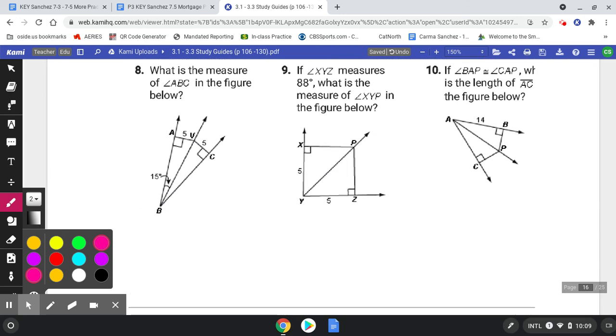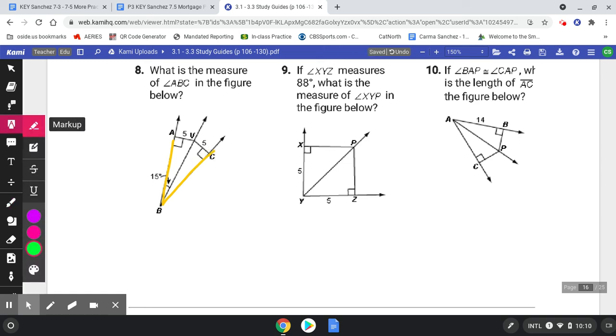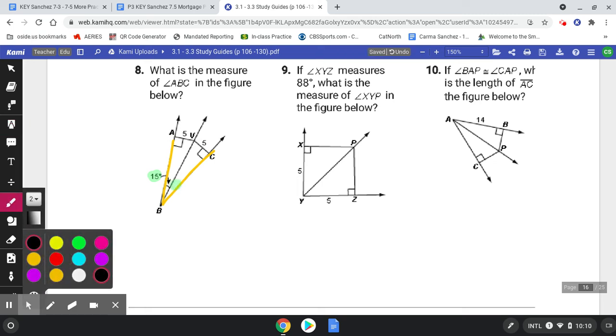Okay, finally, let's talk about these missing angles and such in these last ones. So notice if they ask for angle ABC, that's that big angle here. We know this little guy is equal to 15. So guess what? We know this little guy in here is also equal to 15.